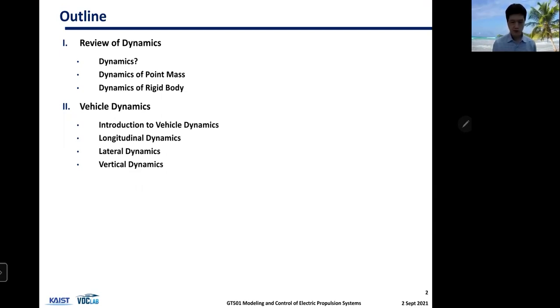I can move pretty fast on the review of dynamics, as we are more interested in the dynamic model of the vehicle and the actual contents of vehicle dynamics. The second part is more directly related to our interest, so I'll move fast in the first module.